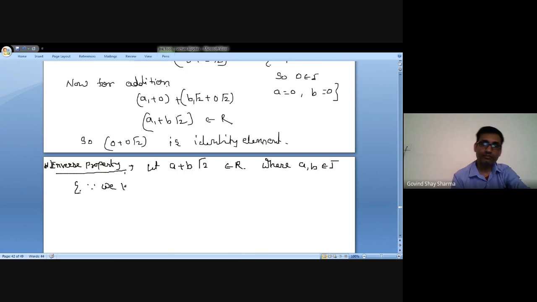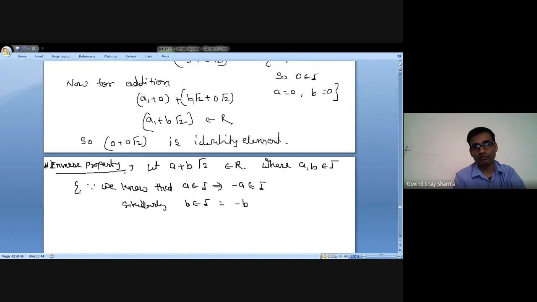We know that if A belongs to I implies minus A belongs to I. Similarly, B belongs to I, so minus B also belongs to I.